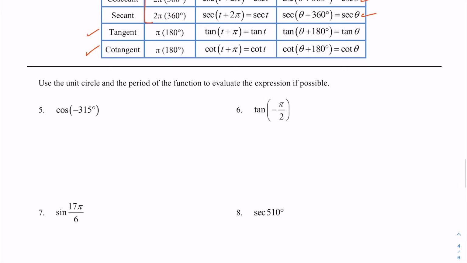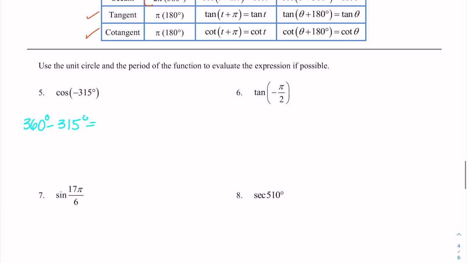So we can add 360 degrees to negative 315 degrees and come up with 45 degrees. So this is equal to the cosine of 45 degrees, and that is root 2 over 2.